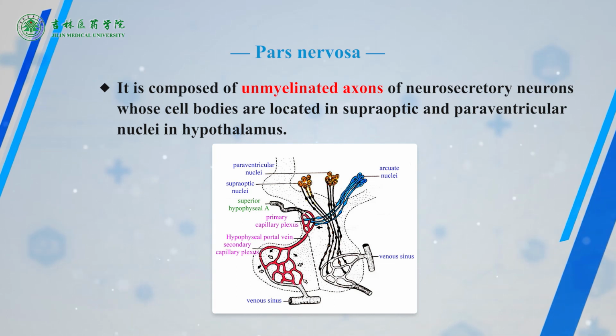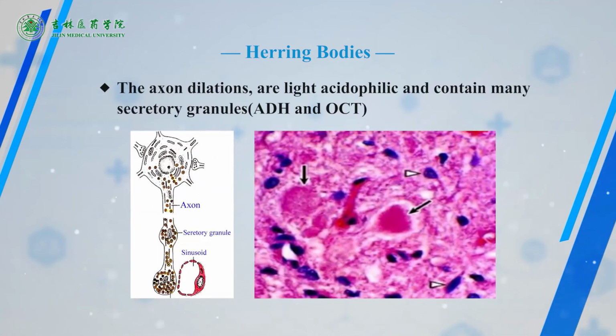The neurosecretions are transported along the axons and accumulate at their endings in the pars nervosa. Here, they form structures known as Herring bodies that are visible in the light microscope. The hormones are then distributed to the general circulation.